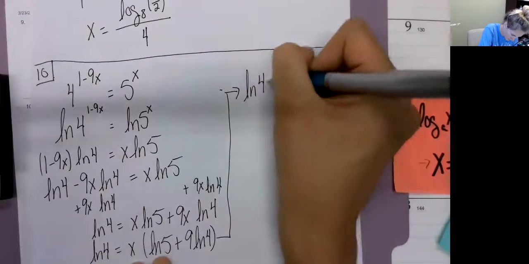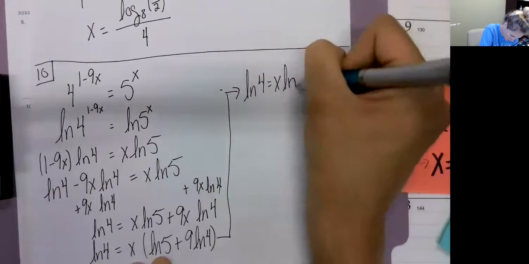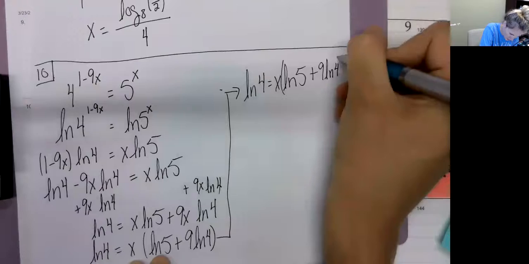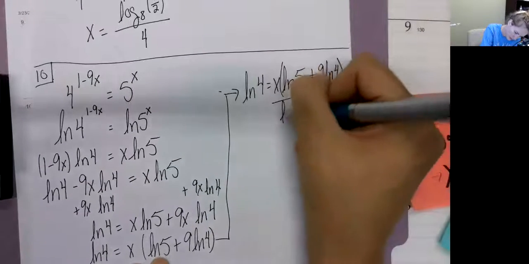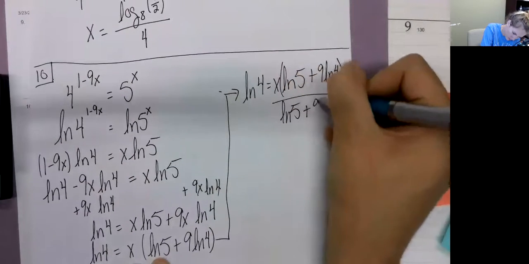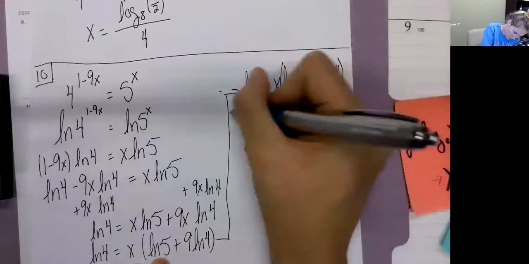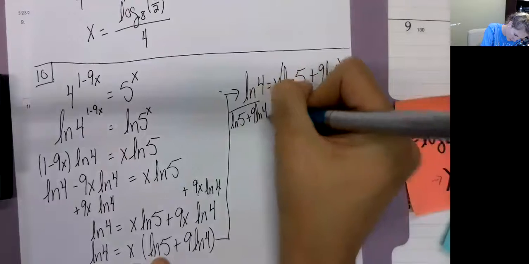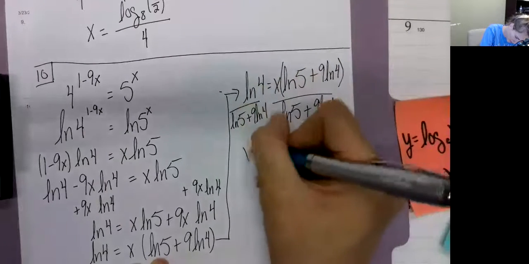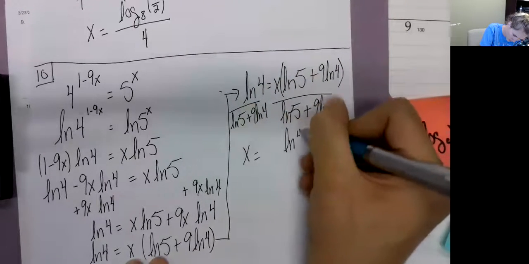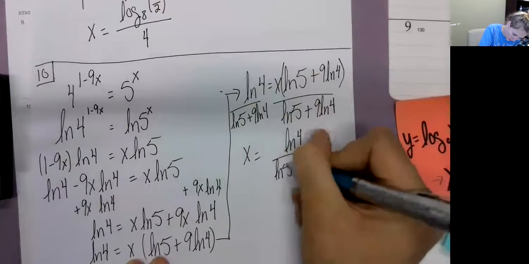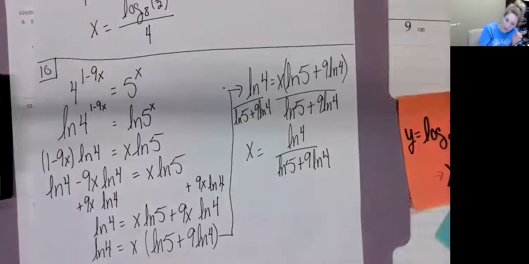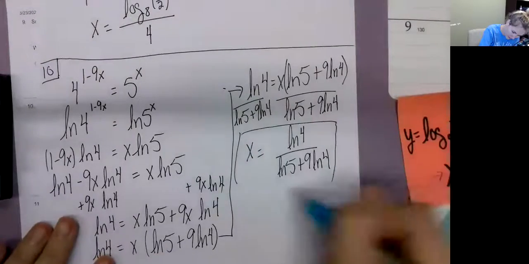I'm just rewriting it first. Then to continue to solve, we divide here. To get our final answer, x equals the natural log of 4 divided by the natural log of 5 plus 9 times the natural log of 4. And that would be the final answer right there.